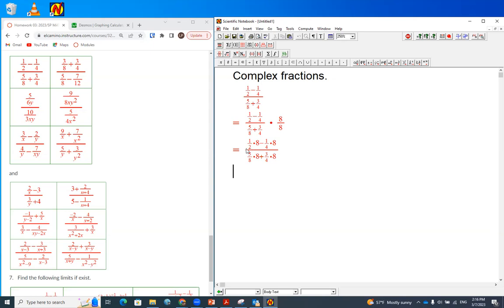So we're going to reduce that fraction. 1/2 times 8, that's 4. 1/4 times 8, that's 2. 5/8 multiplied by 8, that's going to be 5, because 8 and 8 reduce. The 3/4 times 8, that's going to be 6.